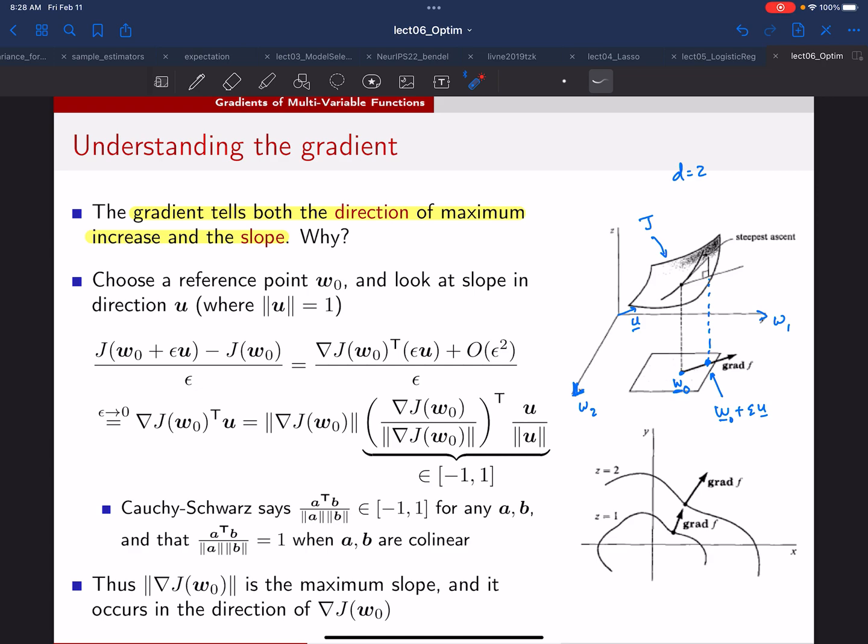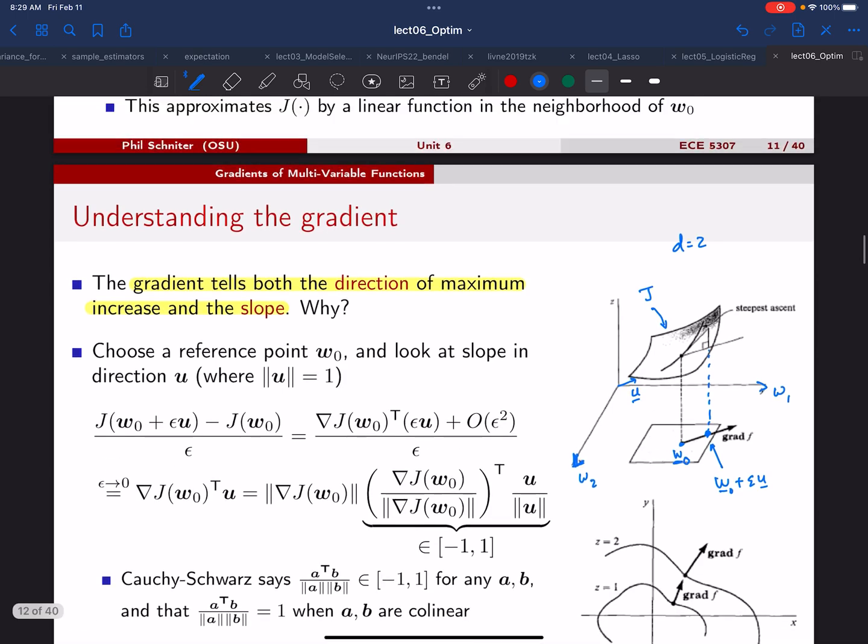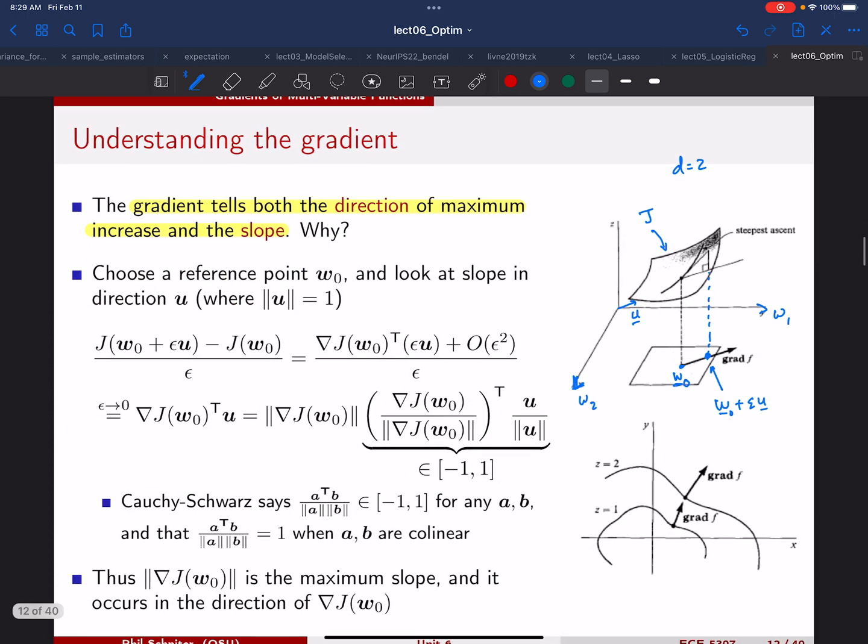Okay, so here's where we get to use our gradient approximation. We're going to rewrite this according to the expression that we derived on the last page. So this is J at the reference plus the gradient of J at the reference transpose times W minus the reference, plus order.